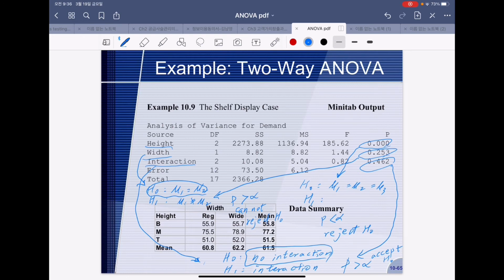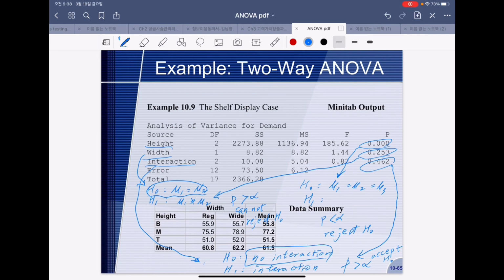Now, if you reject the null hypothesis, that means there is an interaction effect. There is no need to check each individual factor in terms of the mean differences. Since in this case we accept the null hypothesis, you need to check each individual factor in terms of mean differences.